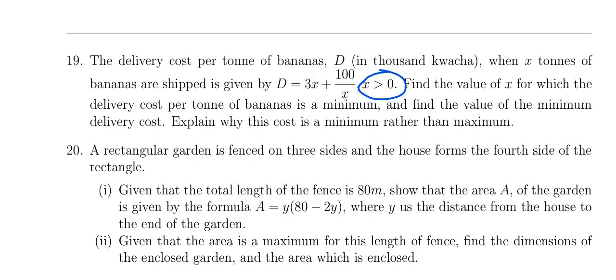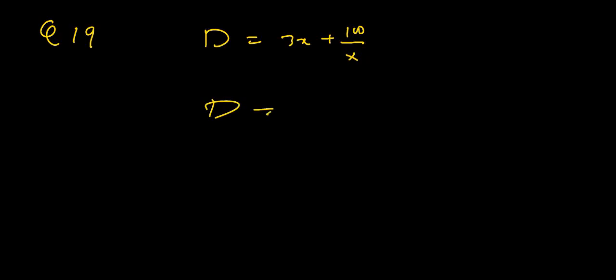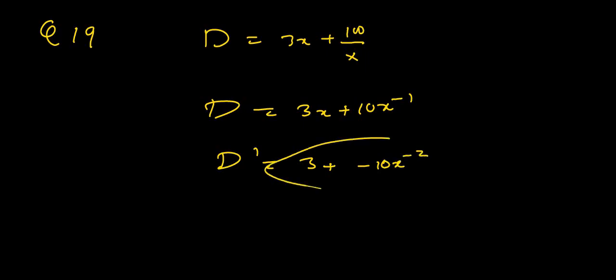It's just like the domain of this cap is here to say all numbers greater than 0. So if this is what we have, we can first of all get this in something we're familiar with. 10x to the power negative this, differentiate it. So d prime is going to be 3 plus this is going to be negative 10 x to the power negative 2. So we solve this guy, we equate it to 0.